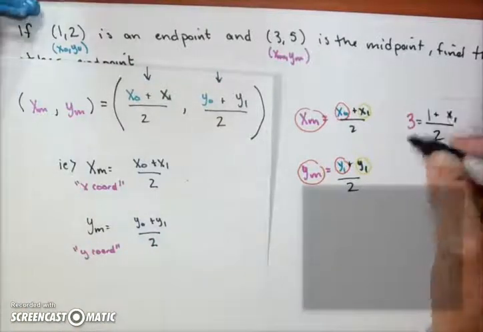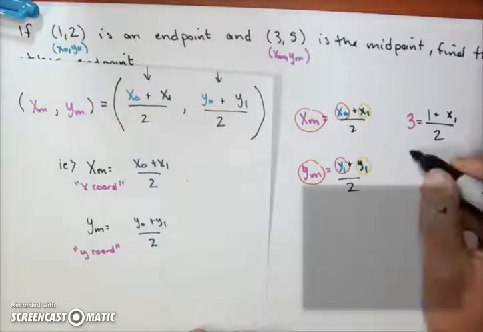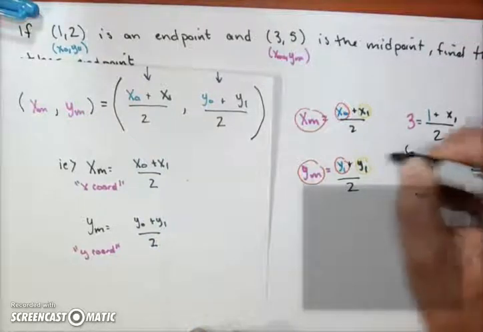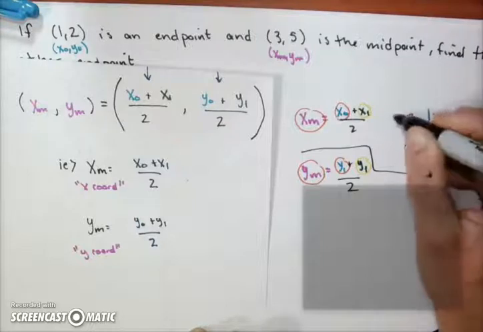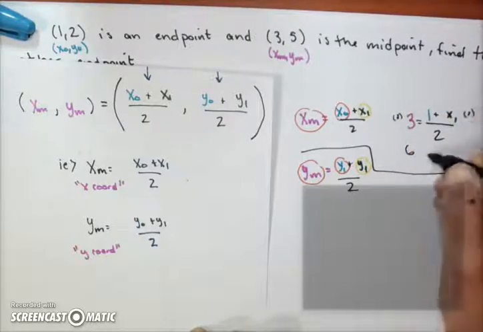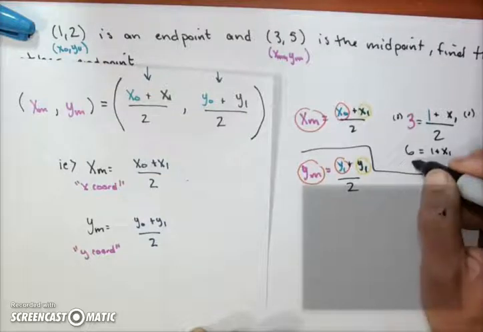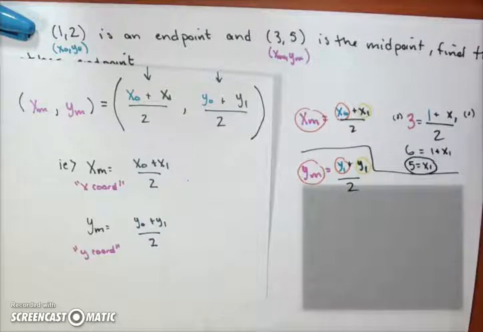So I just solve this equation for x1. If I multiply both sides by 2, it says that 6 equals 1 plus x1, so 5 equals x1. That gives me the x coordinate of the other endpoint.